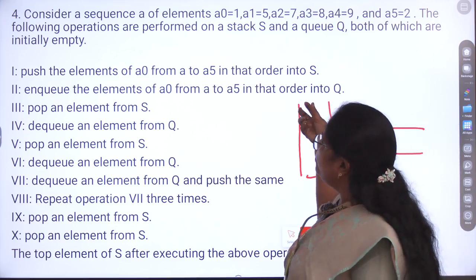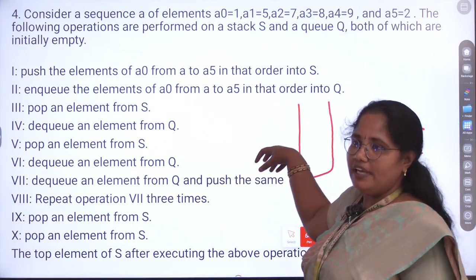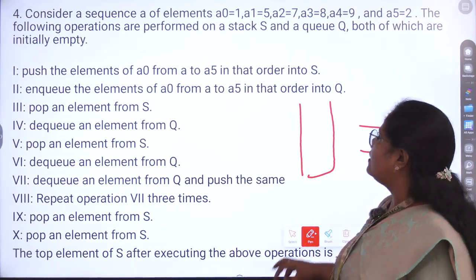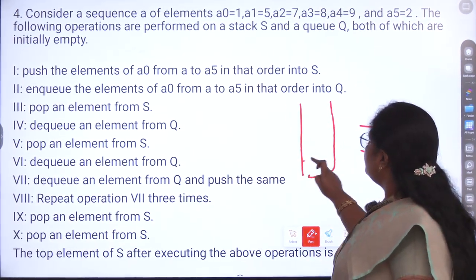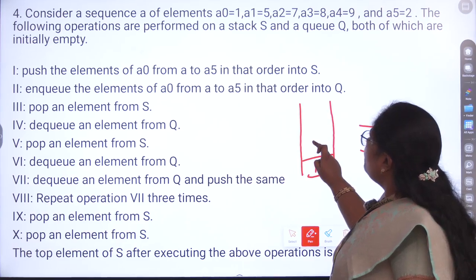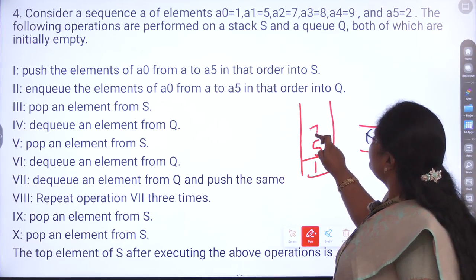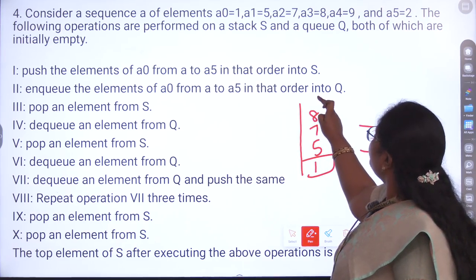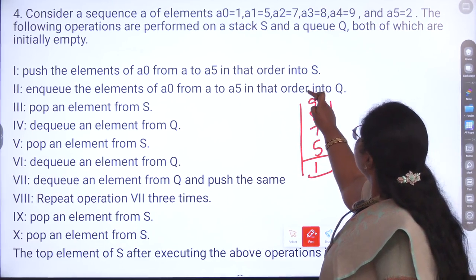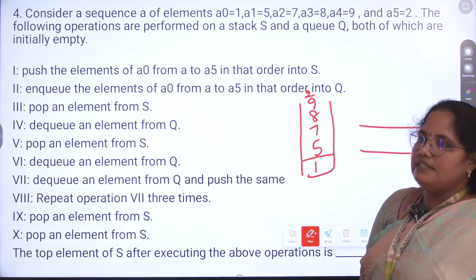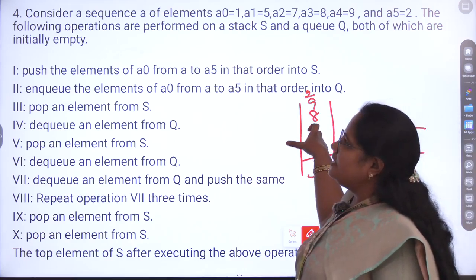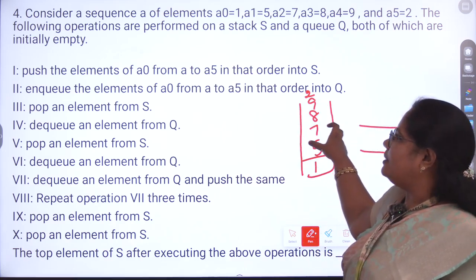So we have to push the elements into the empty stack as per the order. A0 is 1, A1 is 5, A2 is 7, A3 is 8, A4 is 9, A5 is 2. So this is the stack after pushing the elements.